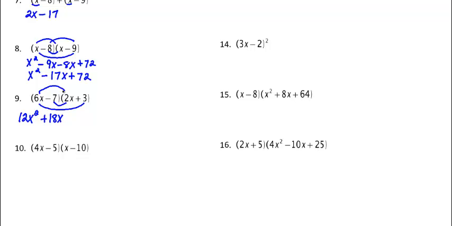Negative 7 times 2x is negative 14x. And negative 7 times 3 is negative 21. So combining like terms, we have 12x squared, 18 minus 14 is a plus 4x, minus 21.